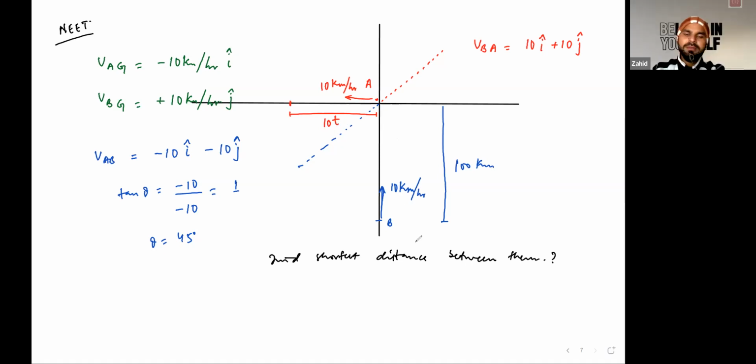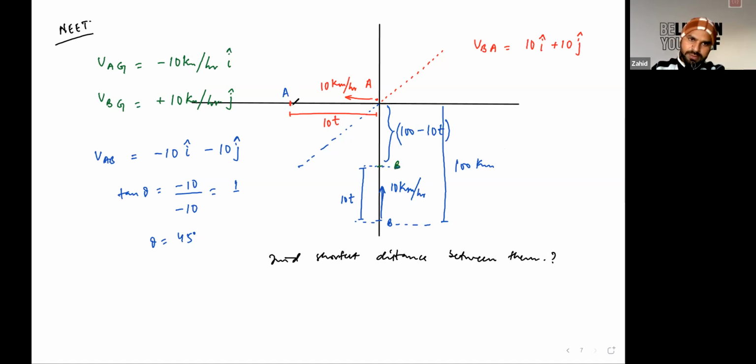In that interval of time, B has also moved some distance, 10t from its initial point. So the total distance left from the origin will be 100 minus 10t. It means A has moved to this point and B has moved to this point.